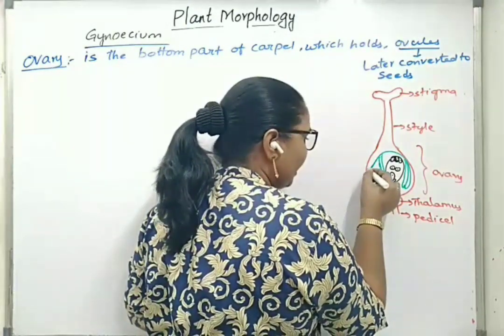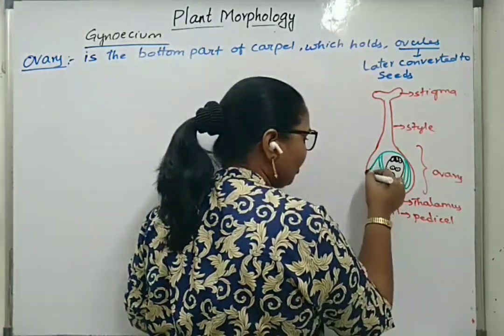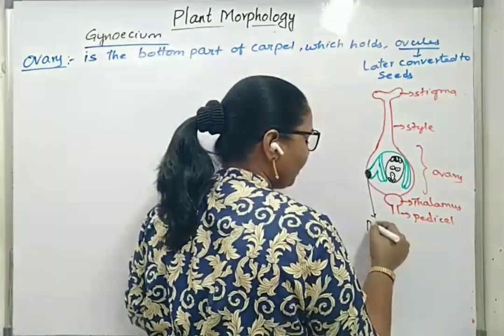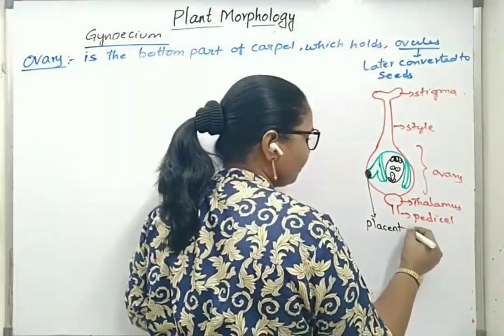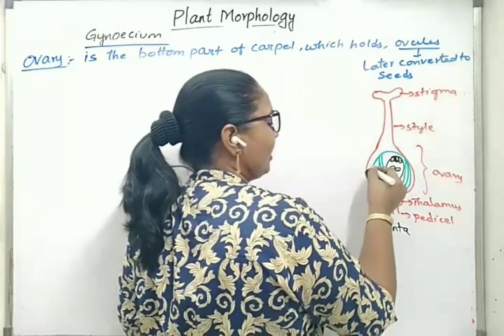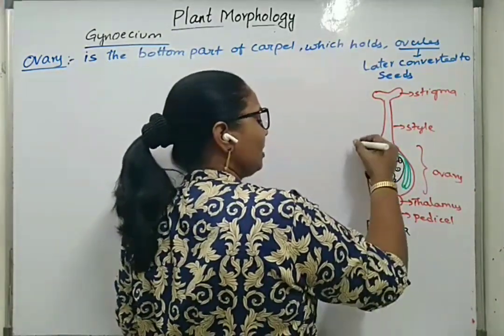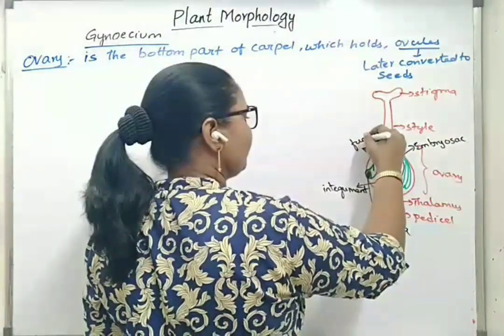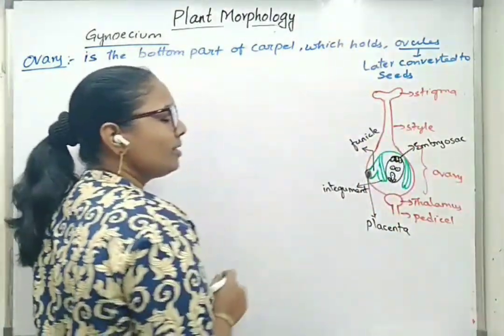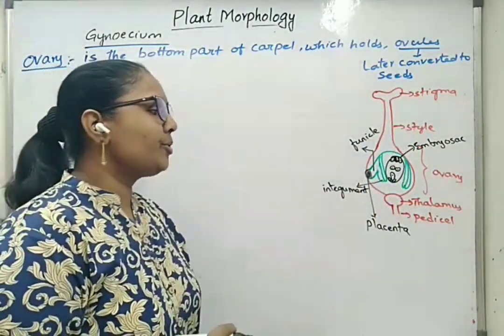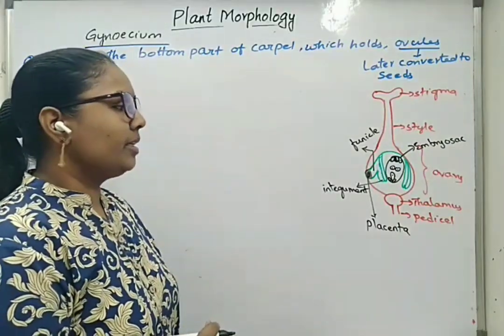Now, this attached part of the ovule to the ovary is called placenta. And the structure that is attaching placenta to the ovule is called funicle. There are different types of ovaries based on the positions.